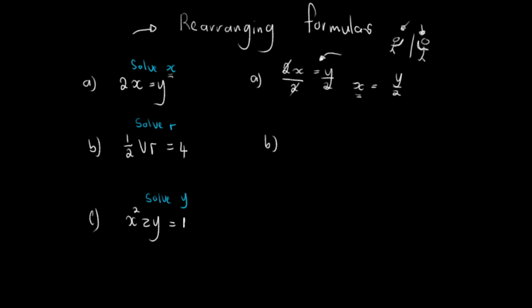Okay, so we have 1 over 2 vr is equal to 4. Now in later videos, I'll talk about how to get rid of denominators and exponential rules, etc. But for now, I can simply divide both sides by 1/2, or I can use the concept of cross multiplication, which means I can just simply multiply this 2 as a denominator with the 4.